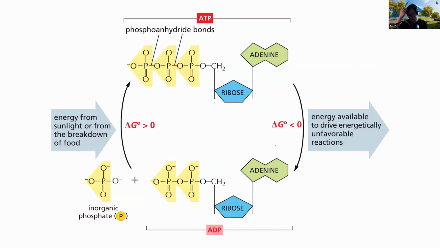Now, ATP also is an energy storage molecule. Very helpful. Remember, the energy is found within the bonds themselves. Take a look at this. Why is there so much energy between two phosphate groups?